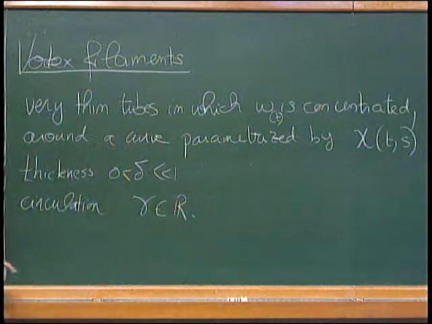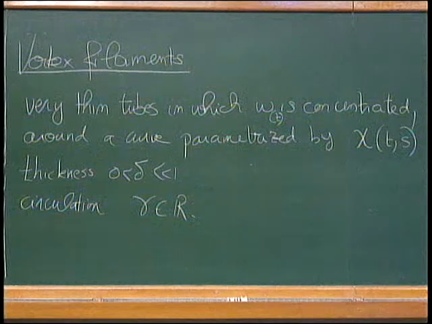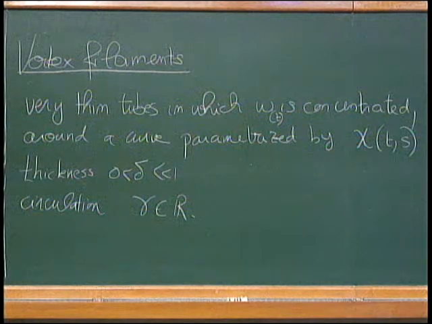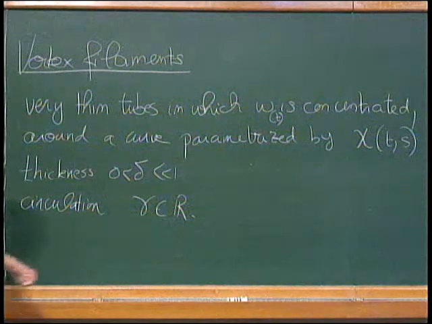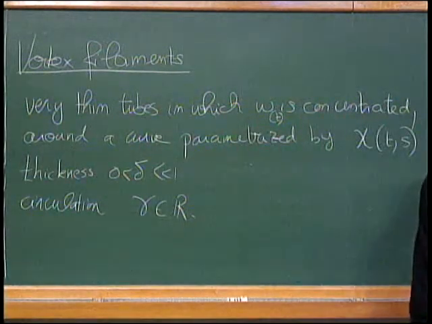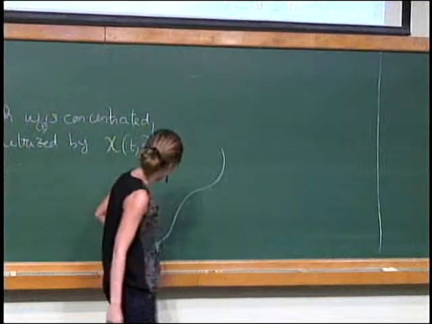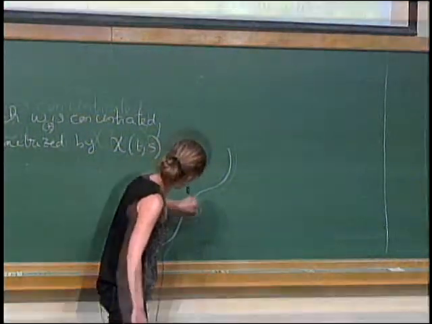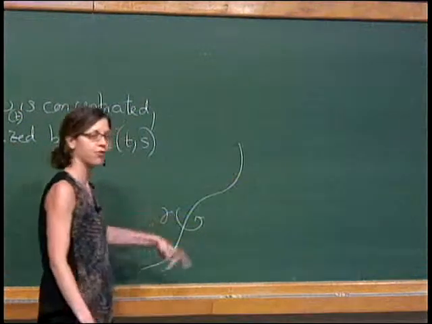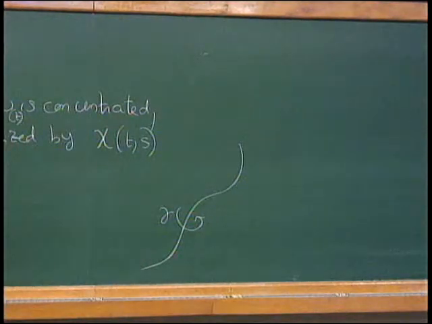Gamma corresponds to the flux of vorticity across the cross-section of the tube. When the thickness of the tube tends to 0, you can assimilate your vortex filament to a curve chi of t and s, and gamma corresponds to the way in which the fluid rotates around the curve.